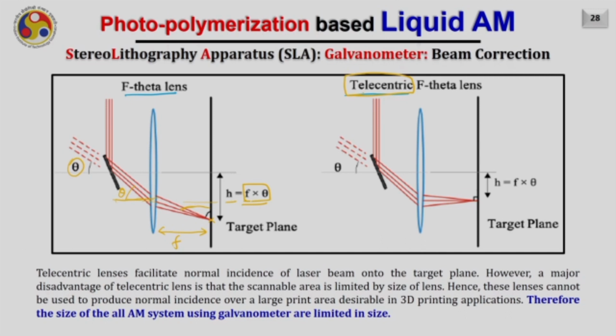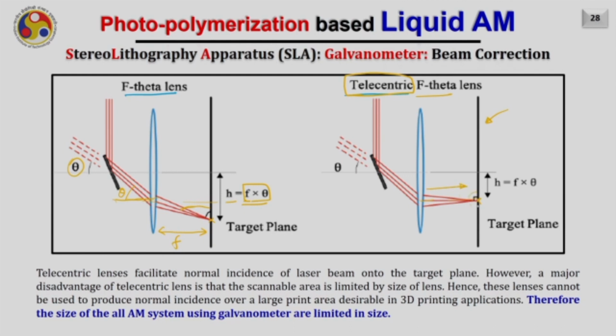Basically, what the telecentric lens does is project whatever beam falls on it perpendicular to the flat surface. So now the laser beam is falling onto this telecentric f theta lens, and because of the f theta property, the focal point will always be here on this screen, and the laser beam will be projected always normal to the screen. Hence the issue is resolved.